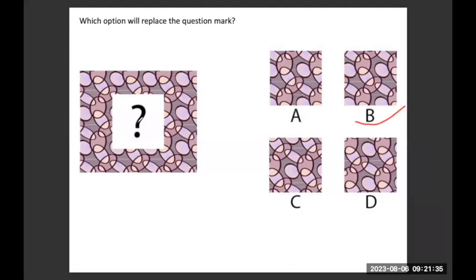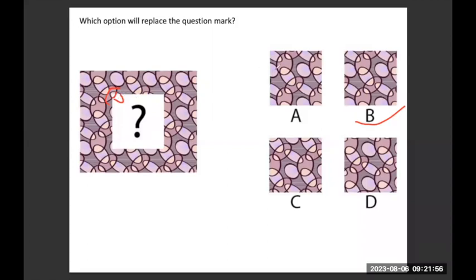Let me tell you how I did that. If I just look at this corner, this one, what I see is that this arch is incomplete. And what I also see is that there's a bulb, sepia color maybe happening here.